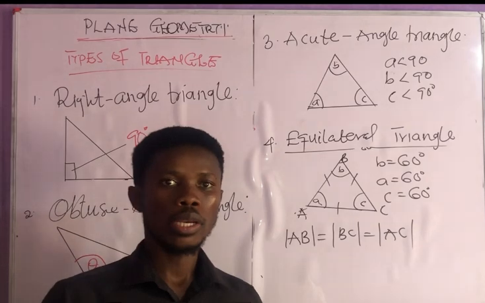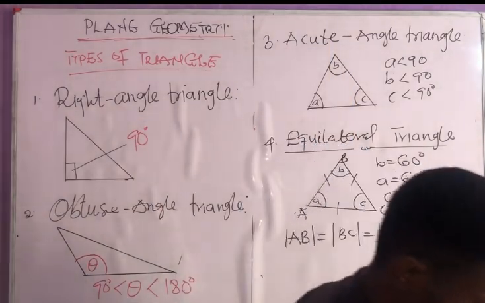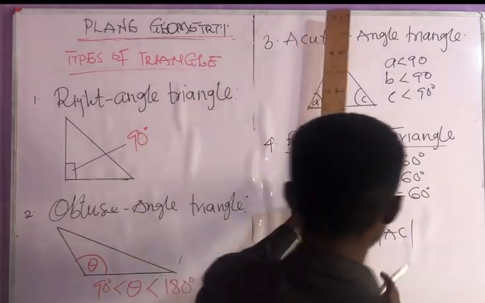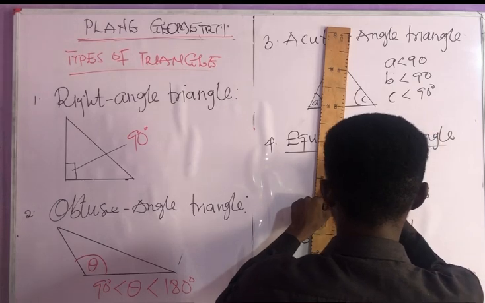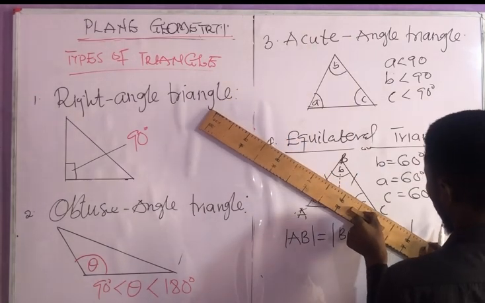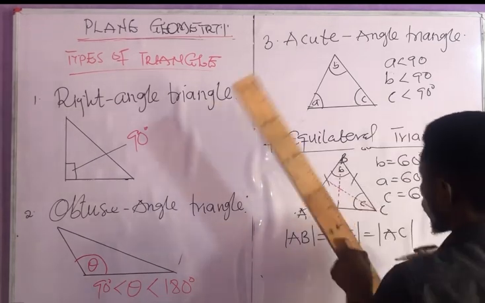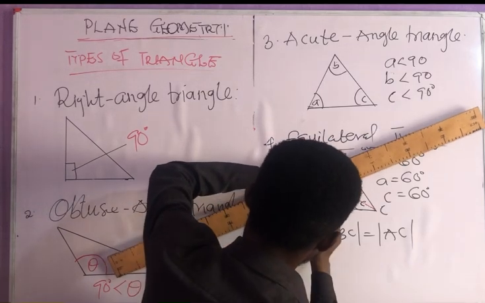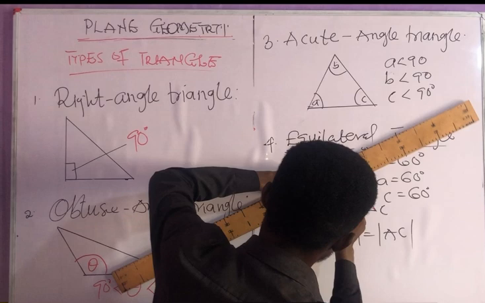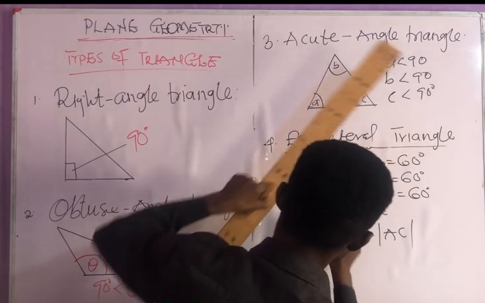One thing too that you have to take note of is that the line of symmetry of an equilateral triangle is 3. So the line of symmetry, you have 1, 2, 3.